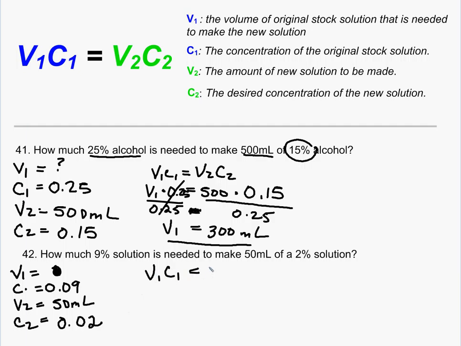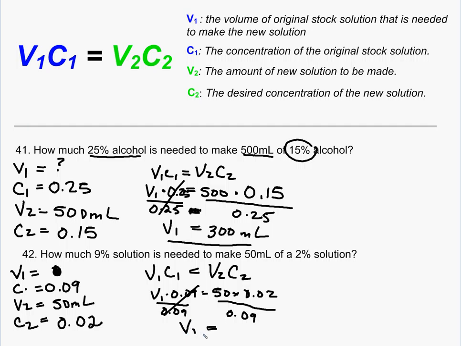And I'm going to put all those numbers into my new formula. And get rid of 0.09 on this side by dividing, and divide this side by 0.09, and that gives me my volume of my stock solution is going to be 11.1 milliliters.